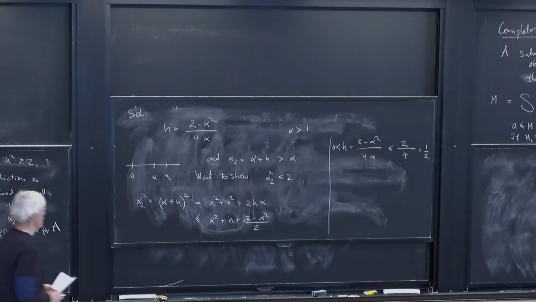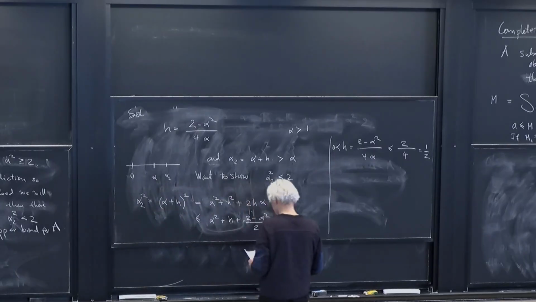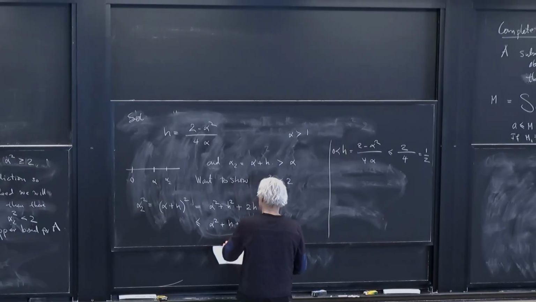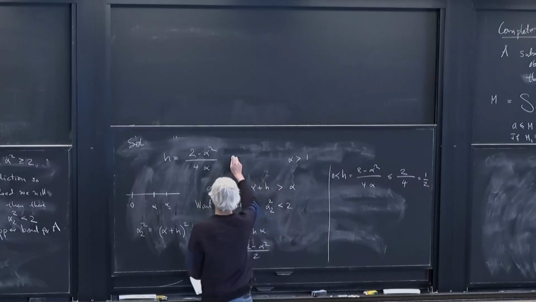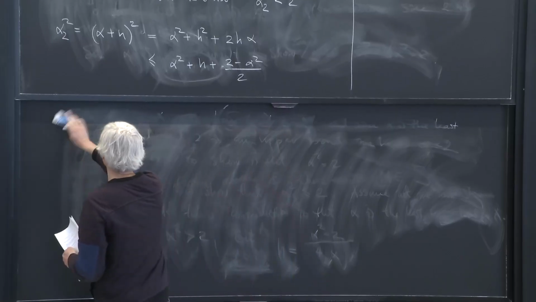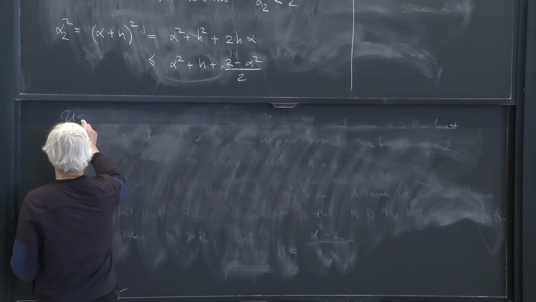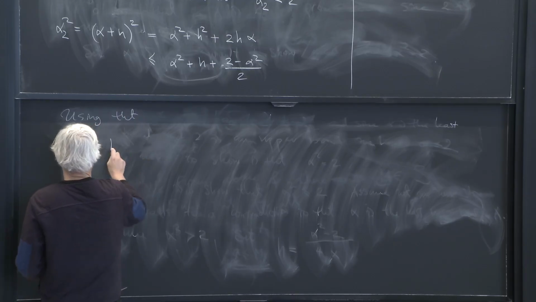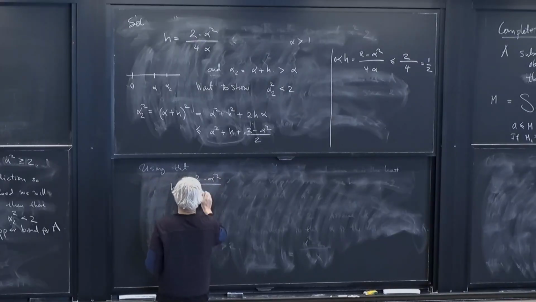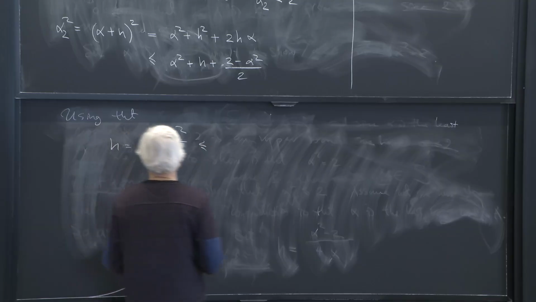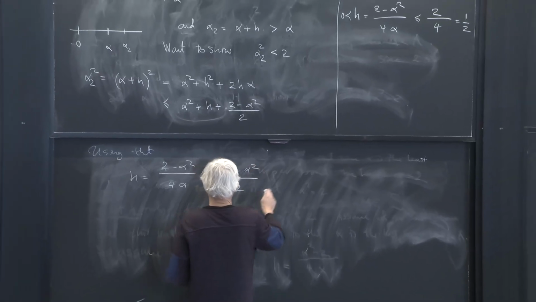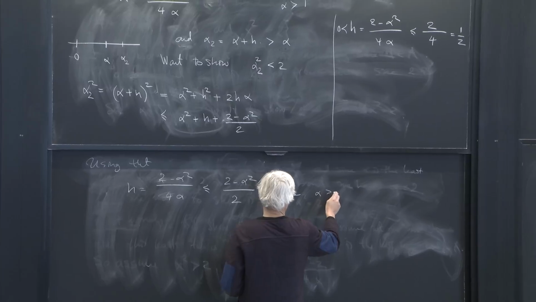Okay, and so now that h is equal to (2 minus alpha squared) over 4 alpha, which is less than (2 minus alpha squared) over 2, since alpha is bigger than 1.